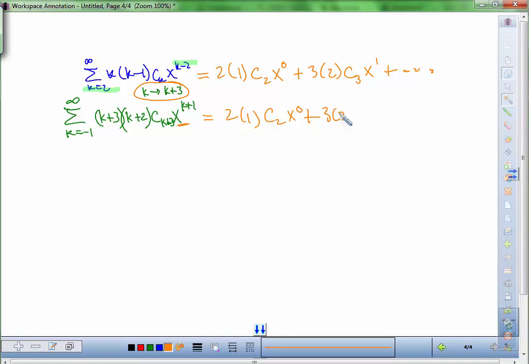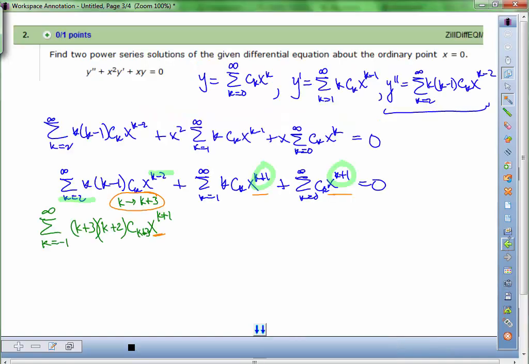So we'll see that we would get the same series by doing the shift. The key is that whatever you do to the k's inside of the series, you do the opposite to the starting point. So we took all the k's and we replaced them with k plus 3.